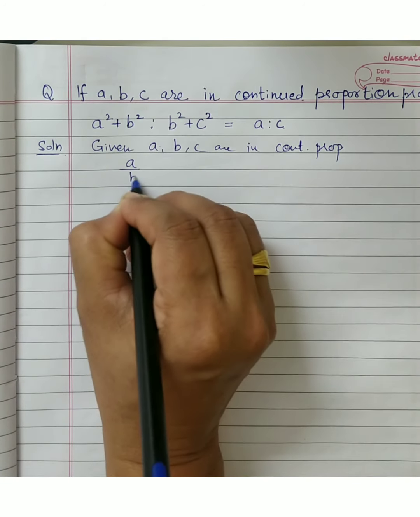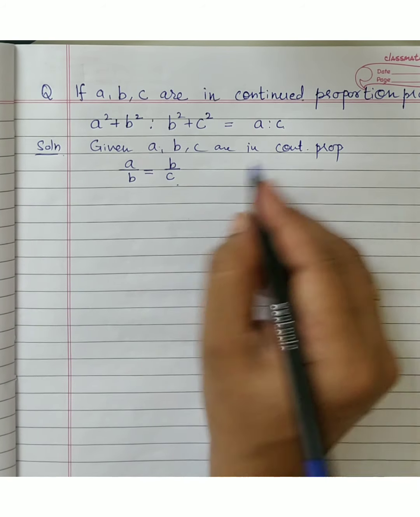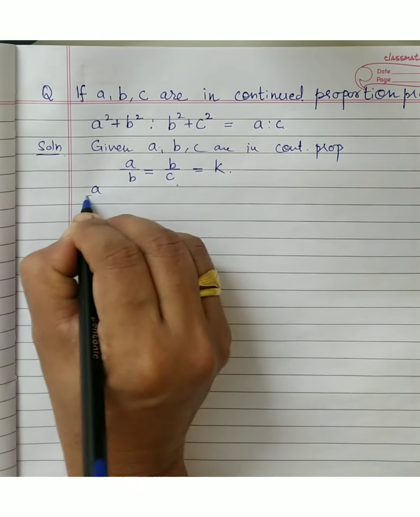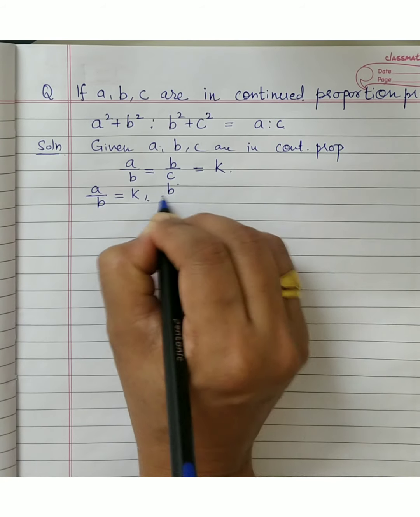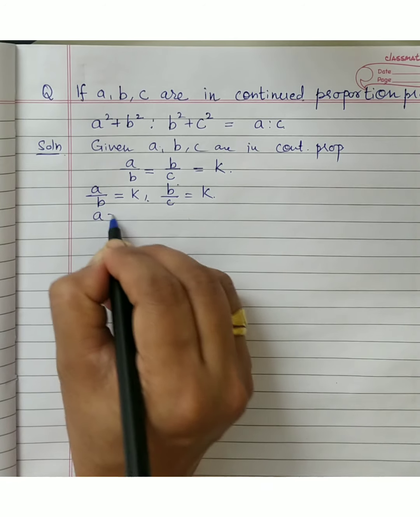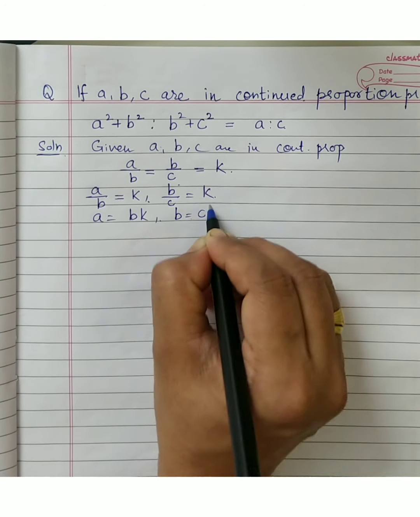A upon b equals b upon c, and this I will assume let it be k. So here what do I get? A upon b is equal to k and b upon c is k. This gives me a is equal to bk, but this gives me b is equal to ck.